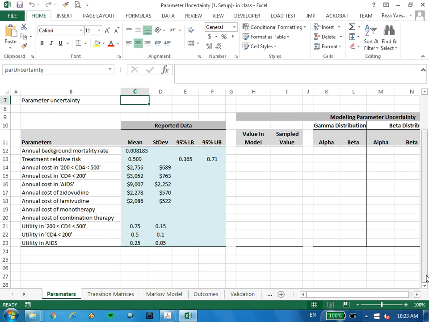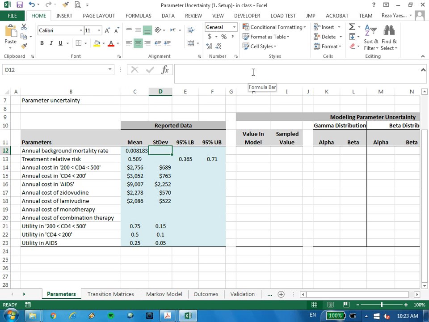Now, here on this table, this is what I know about this parameter. So I know that the annual background mortality is coming from, for example, census data or CDC. So this is a pretty accurate estimate.